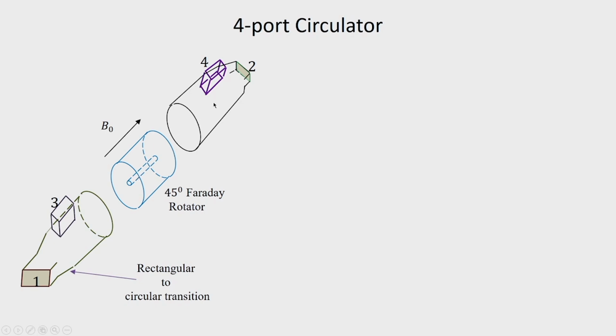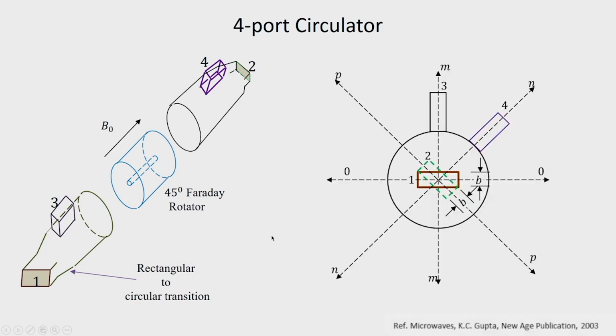Next, we have the port 2 which is again a transition from circular to rectangular, but this time at an angle of 45° with respect to port 1. We have 2 additional rectangular ports which are on the circular waveguides, and the positioning of these ports are as shown.